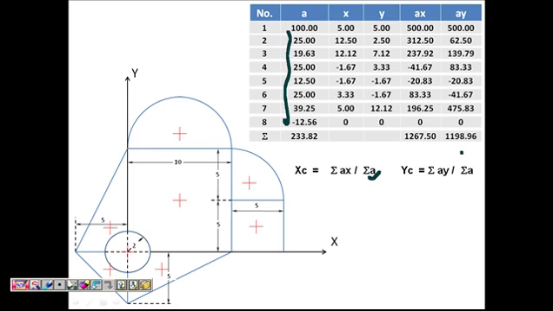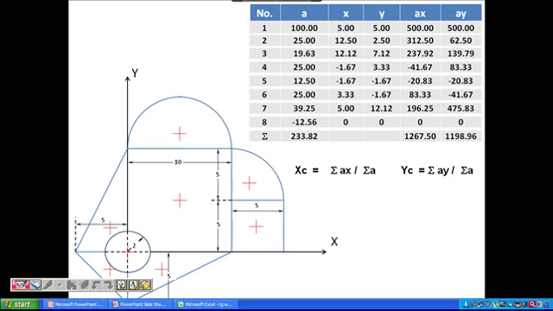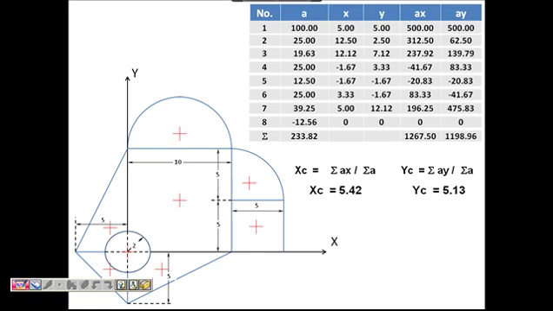Then for sigma ax, take all this, including the first one, add up, you get sigma ax, and similarly you get sigma ay. Plug it in here and you will get your answers as x is 5.42 and y is 5.13.